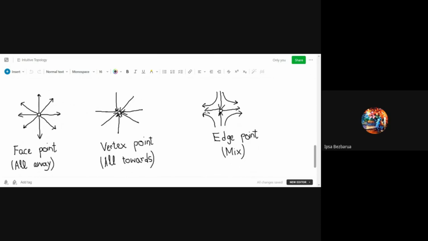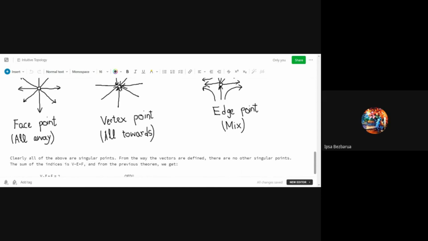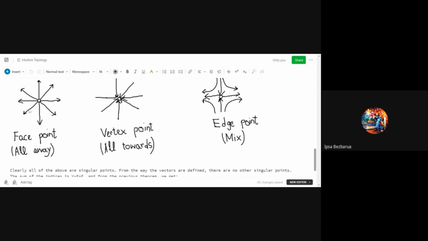The vectors going away from the edge point are ones going towards the vertices. And there are some others that are just moving around, avoiding this point. It's a mix of all possible arrangements of vectors. Anyway, now it's clear that all these points are singular points.